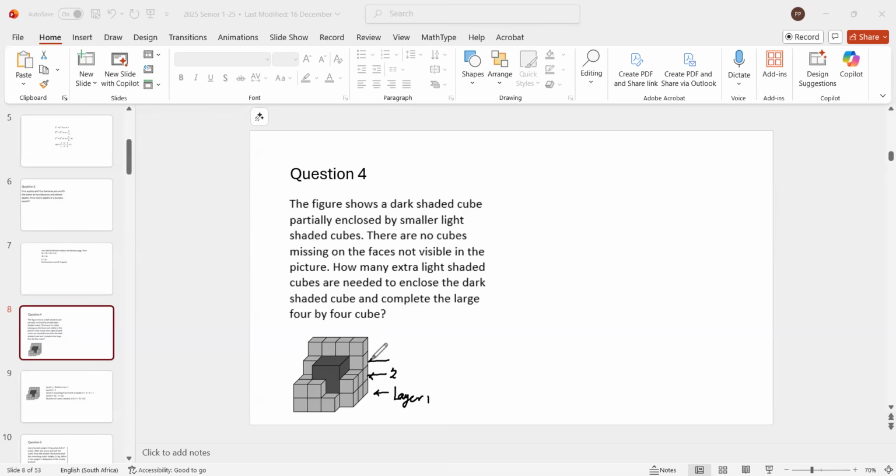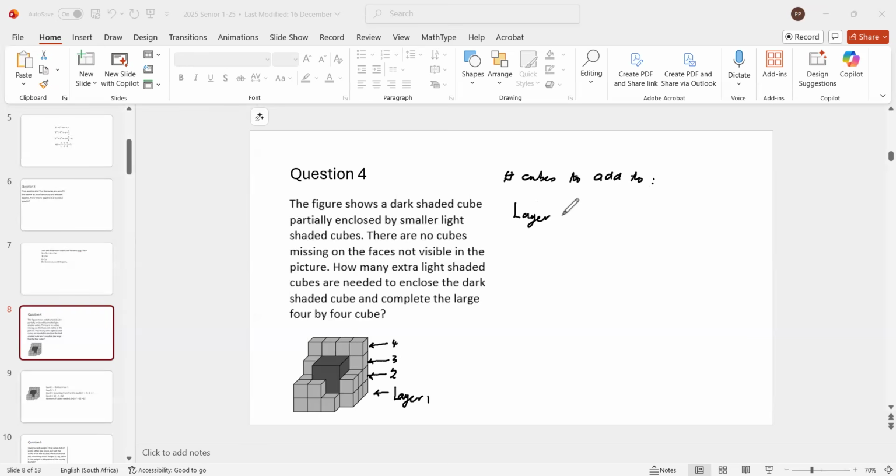Third one is layer 3. So let's count how many more cubes you have to put in each layer. The number of cubes to add, let's do them one at a time.